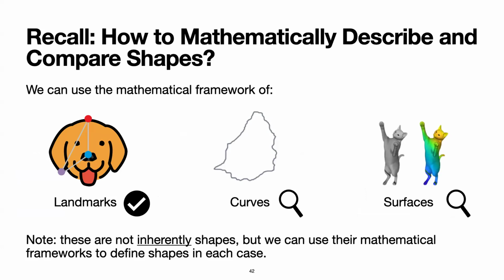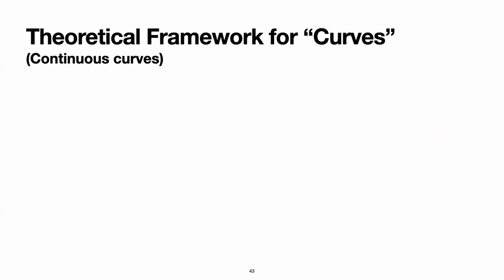What if you want to quantify this entire border and not just, you know, nose, head, ear? Then you would use a curve. Or if you have the same thing but in 3D, then you would use a surface. So curves and surfaces are a little bit different, but you'll see that they have some of the same concepts as landmarks. Okay, theoretical framework for curves.